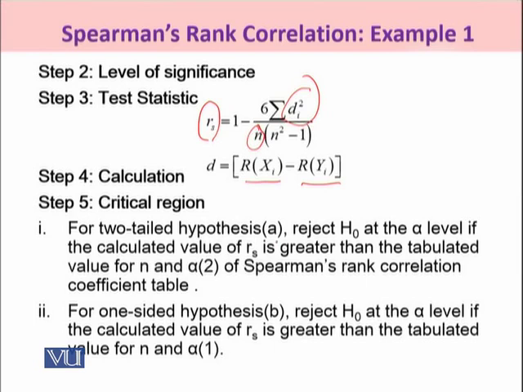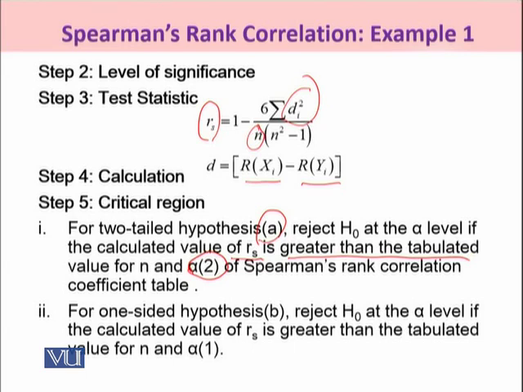For a two-tailed test with hypothesis of type A, we need to reject our null hypothesis at alpha if the calculated value of RS is greater than the tabulated value for n and alpha by 2 from the Spearman's rank correlation coefficient table. So students, Spearman's rank correlation table is given in the form of a one-tailed test as well as a two-tailed test.